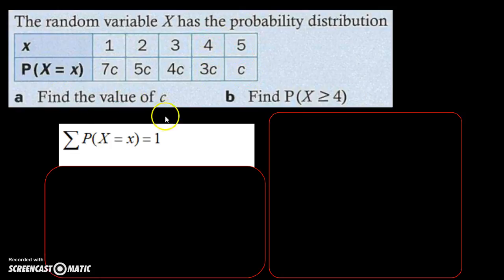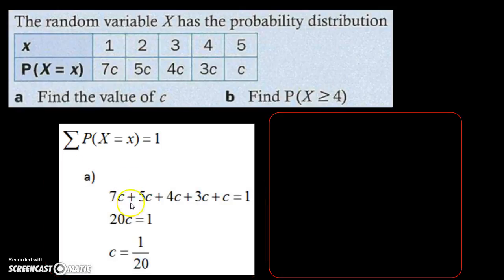So let's do part A first. The sum of the probabilities should be 1. That is one of the properties that we just talked about. But we also learned about this when we first came across the probability chapter. So if I add up all 7C, 5C, 4C, 3C, and C, what should I get? Think about it. If I add them up, I should get 1, because these are the respective probabilities, right?